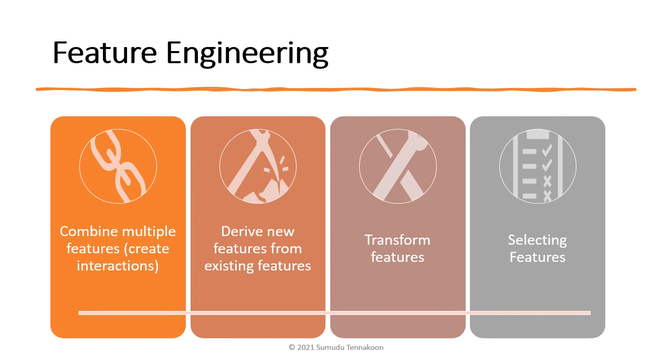For feature selection, we need to apply certain techniques to decide which features I should use and which I should not. For all of these things I will have a separate discussion with a Python example, working through a machine learning problem in a Jupyter notebook, and I will share it with you as well. Then we will get to know how to do all of these in a practical scenario.